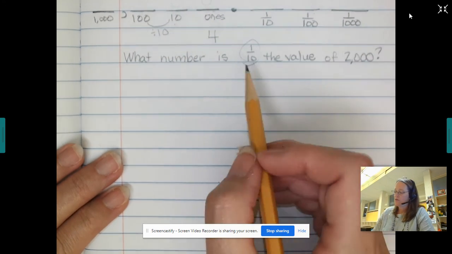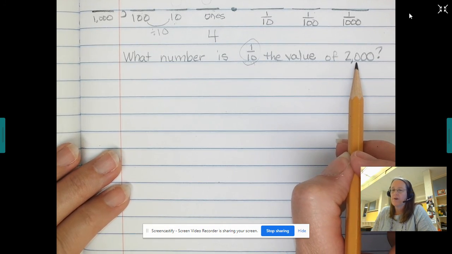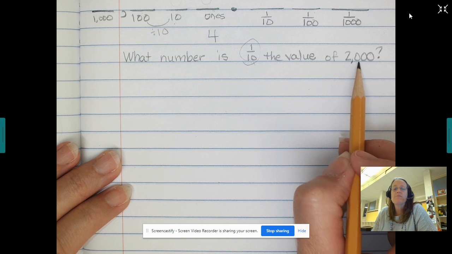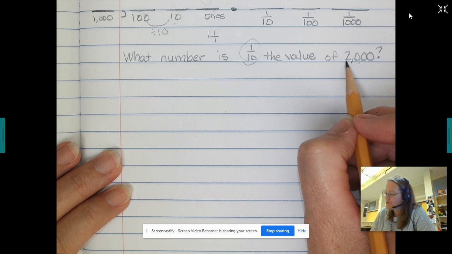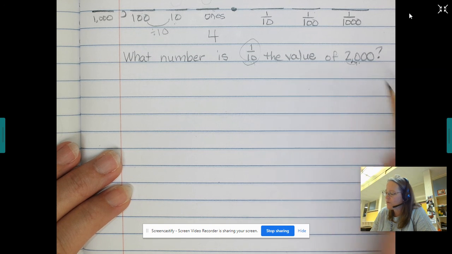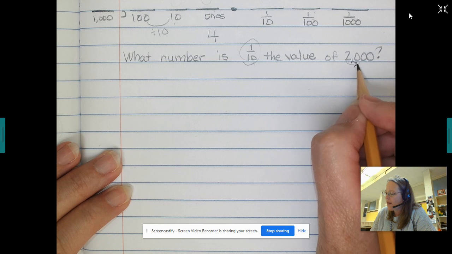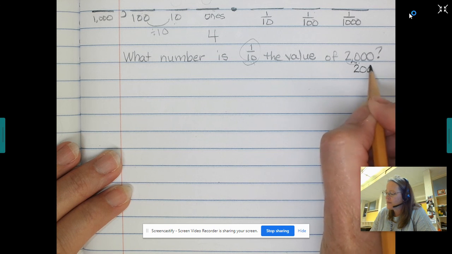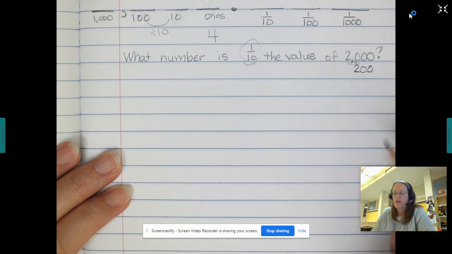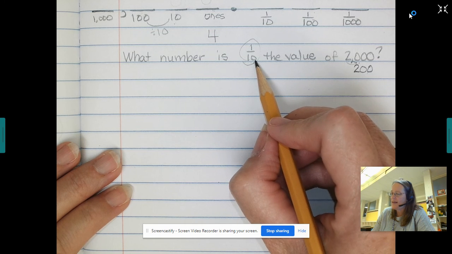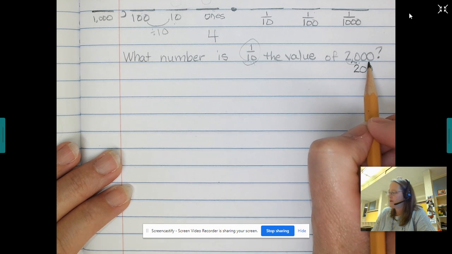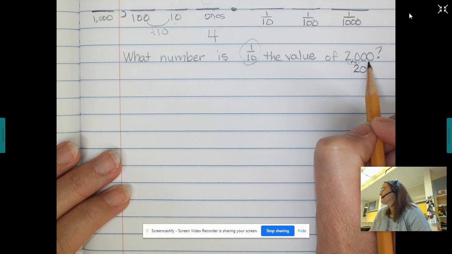What number is 10 times smaller than 2000? That digit moves to the right one time, and so my answer is 200. 200 is 1/10 the value of 2000.